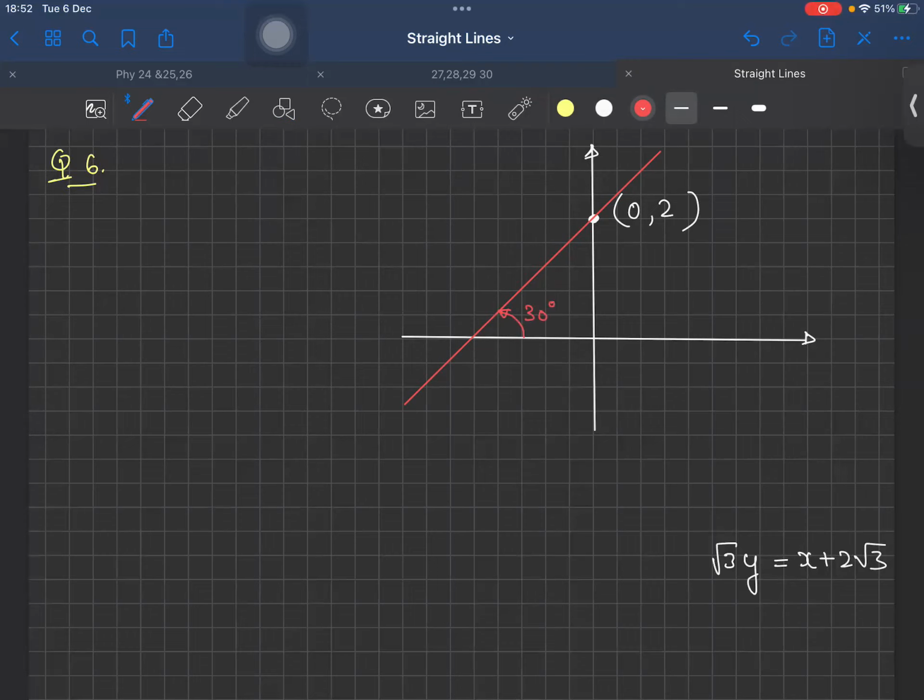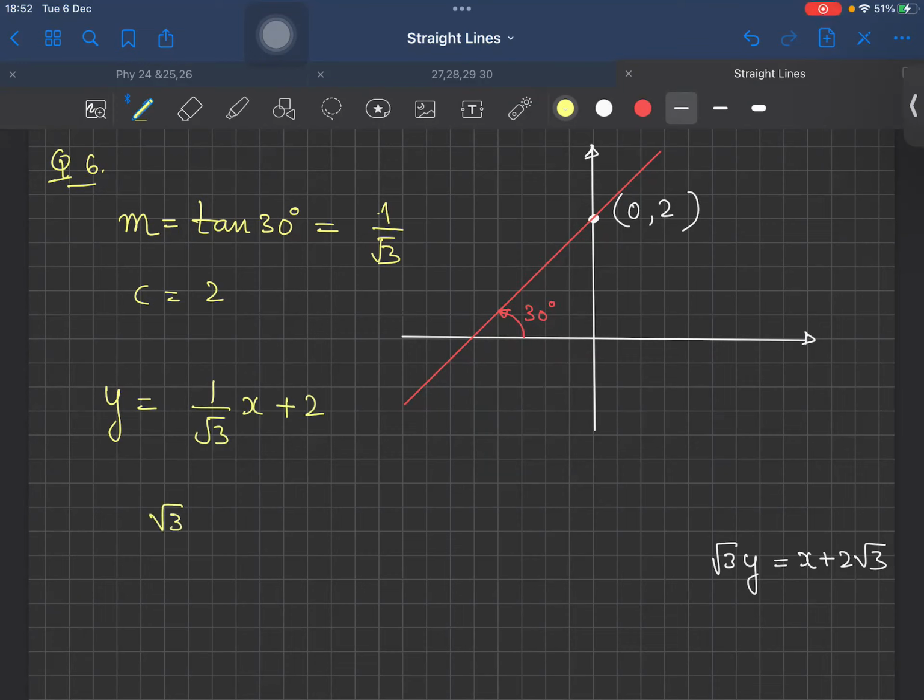Now what will be the slope of this line? M is tan 30. Right? 1 by root 3. Very good. Now the y-intercept C value we already know is 2. So y is equal to mx plus c, with m being 1 by root 3: y = x/root 3 + 2. So that's your equation of the line. Or you can write root 3y is equal to x plus 2 root 3.